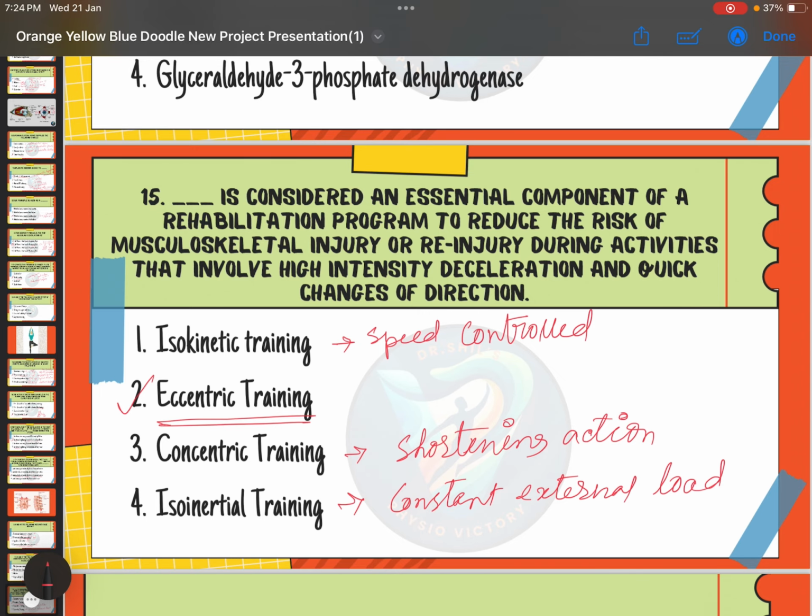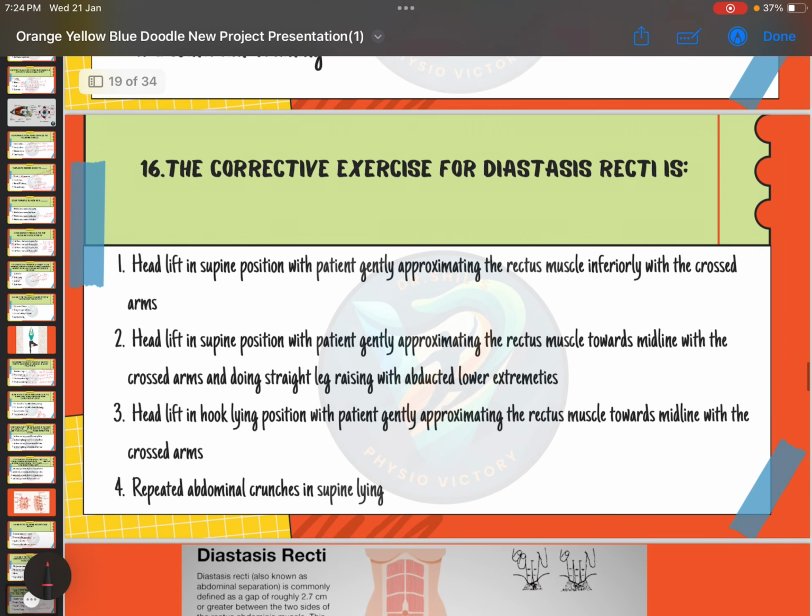Next, come to question number 16. The corrective exercise for diastasis recti is: Option 1, head lift in supine position with patient gently approximating the rectus muscle inferiorly with the crossed arm.